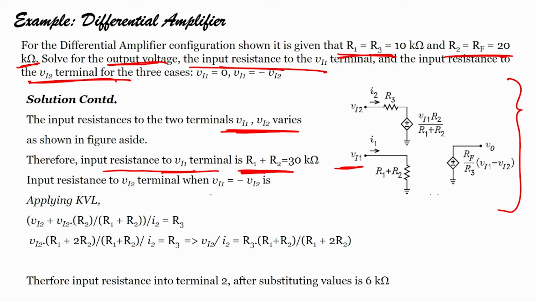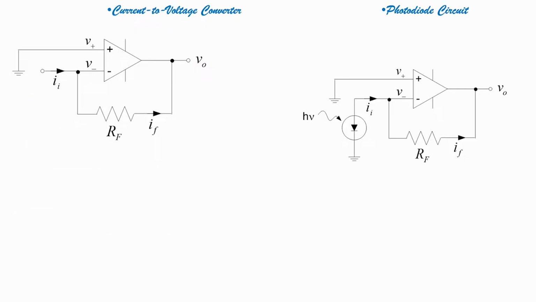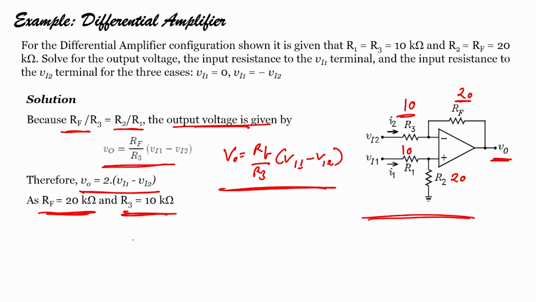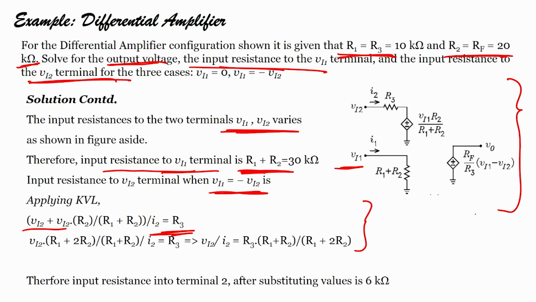The input resistance to Vi2 when Vi1 equals minus Vi2: if we apply Kirchhoff's voltage law, then you will find that Vi2 plus Vi2 into R2 divided by R1 plus R2, divided by R2, equals R3. If you see this circuit, you will find how we are solving. Also Vi2, so when you further solve it, what do you get?